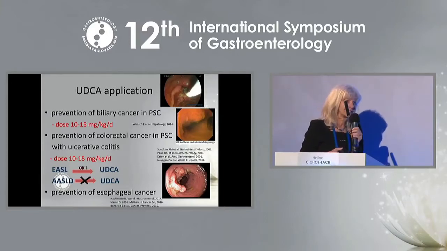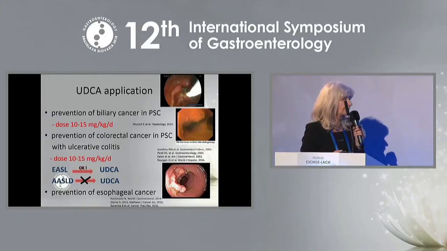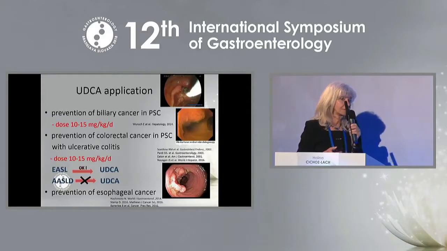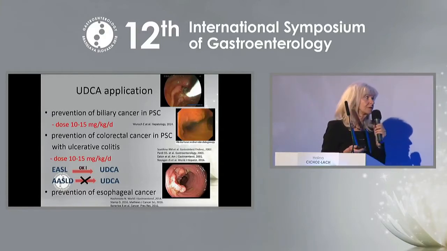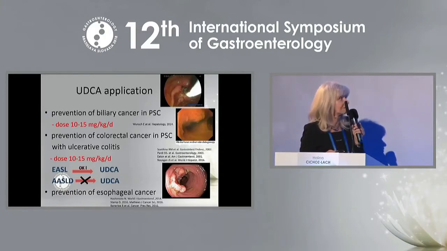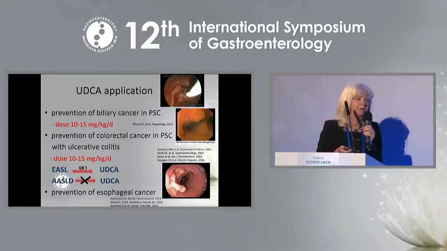In this study, higher doses of UDCA, between 28 and 30 milligrams, were used. And this study shows different results, that in patients with PSC and ulcerative colitis, the incidence of dysplasia in the colon increased.